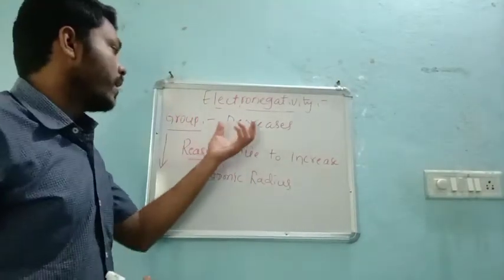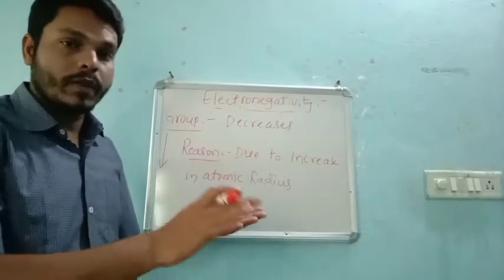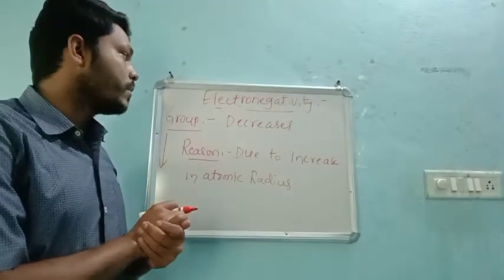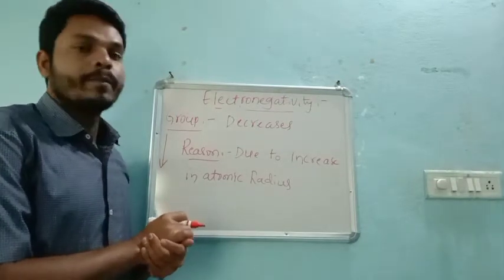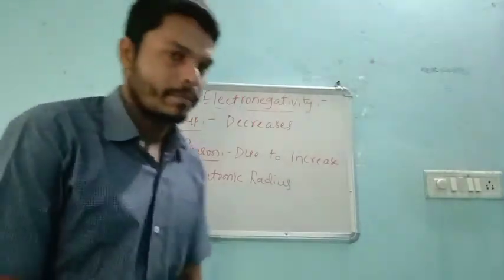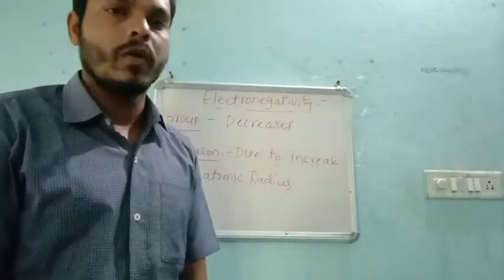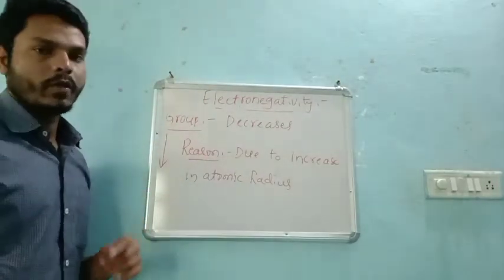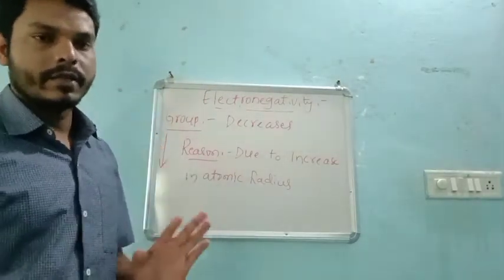That's why the element can lose the electron from the valence shell very easily. If they are able to remove the electron very easily, then definitely the positive charge will come. If the positive charge comes, there is no doubt about electronegativity. So thus, in case of group, always the electronegativity decreases. Right? This is one case.